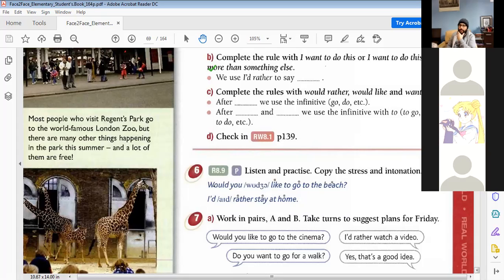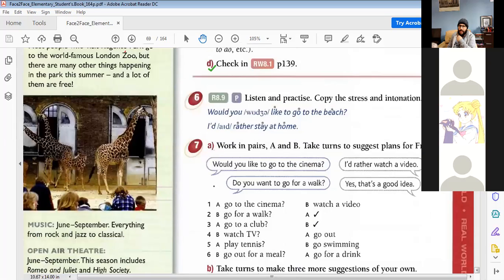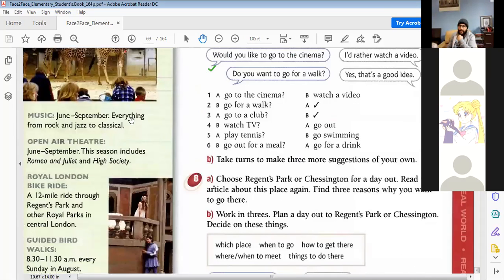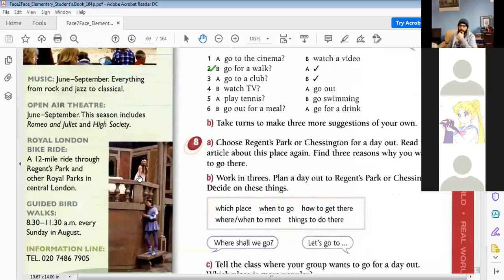I finished. Okay, nice. Now take a look at some of the activities that you can do in Regent's Park, okay?